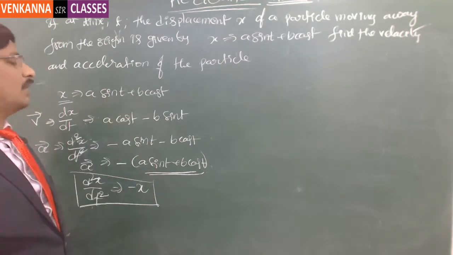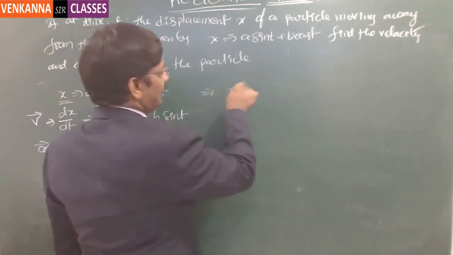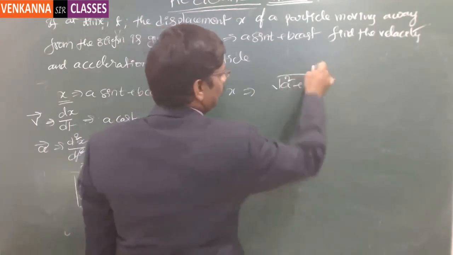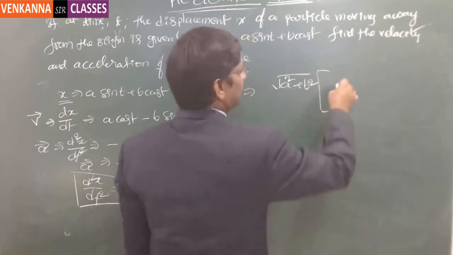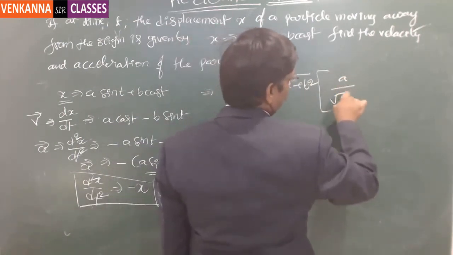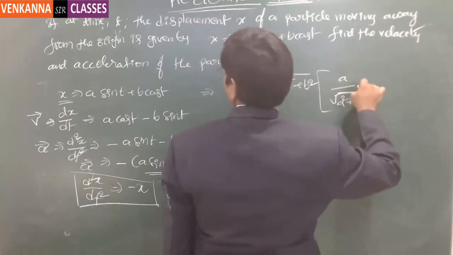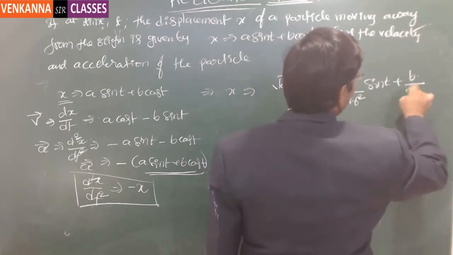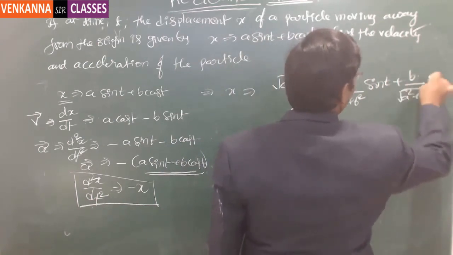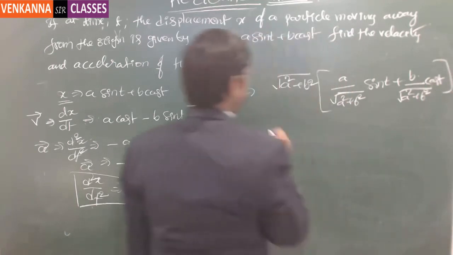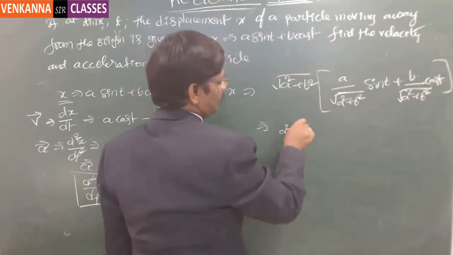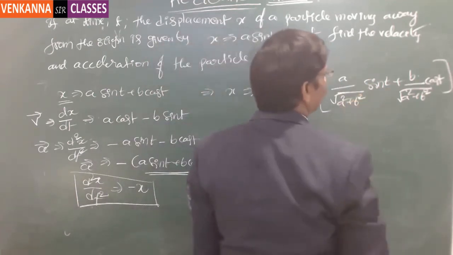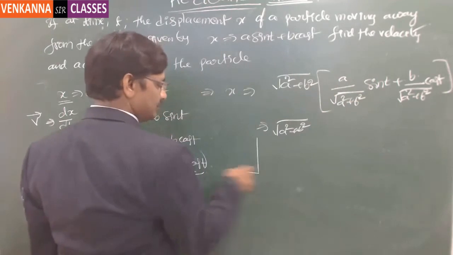See this x value, if you notice, if I multiply and divide with square root of a square plus b square, this can be treated as square root of a square plus b square into a by square root of a square plus b square sin t plus b by square root of a square plus b square cos t. Now I will represent a by square root of a square plus b square in a triangle.